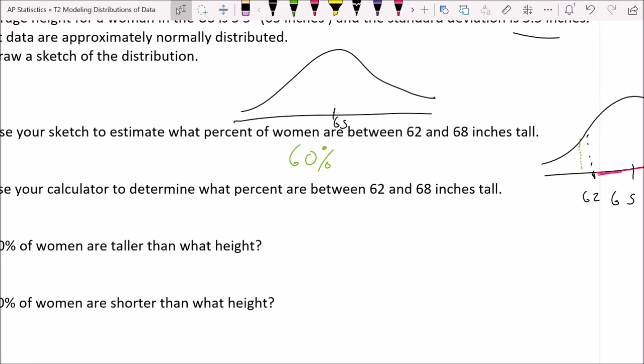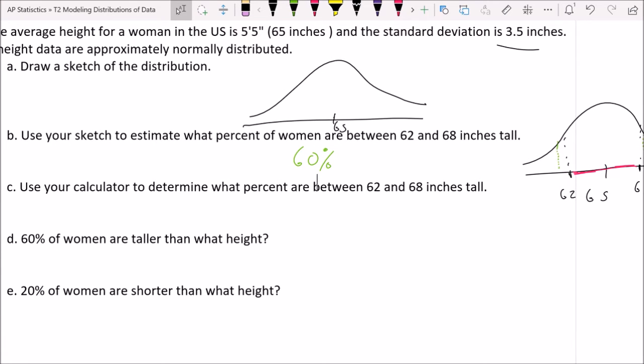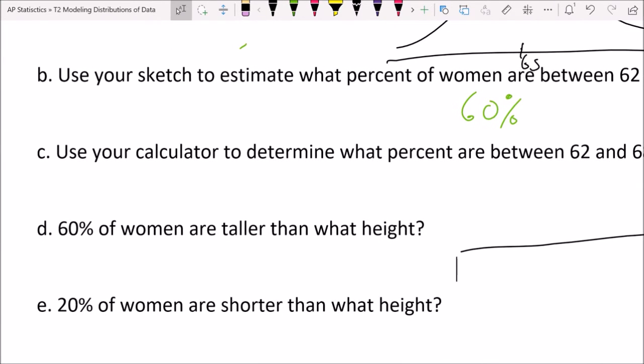What I'm going to do is get all the setups here, and then we're going to calculate them all in the calculator at once. So part C, use your calculator to determine what percent are between 62 and 68. We made a guess. We'll go calculate that based on this picture in just a second. And then what about these down here? 60% of women are taller than what height? Interesting. I better draw a picture for that. All right, so get my curve.